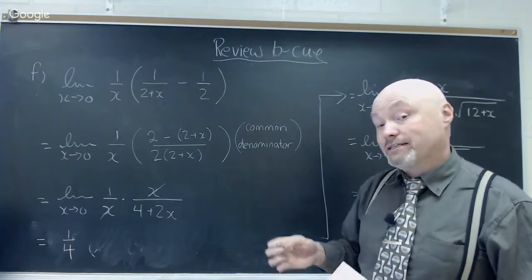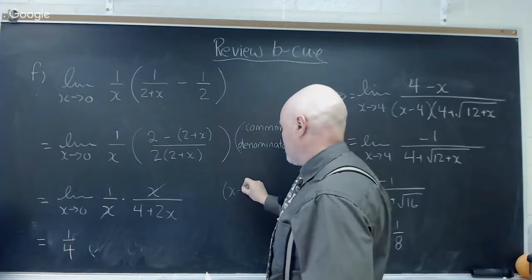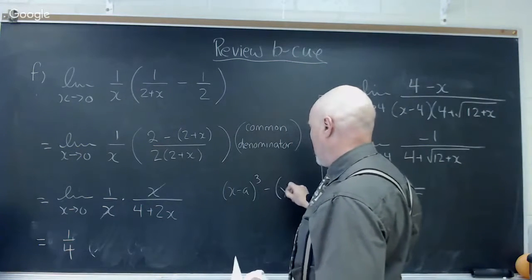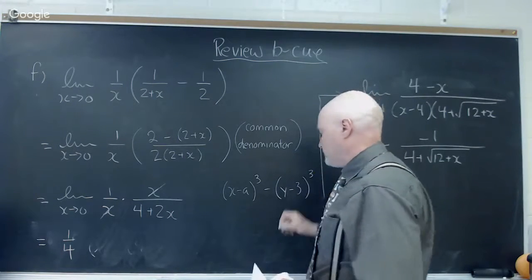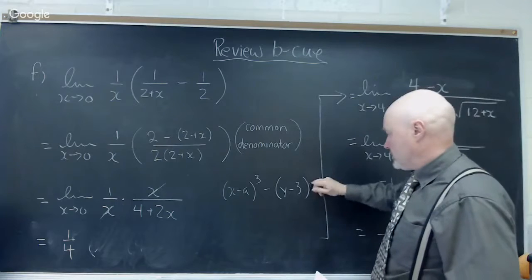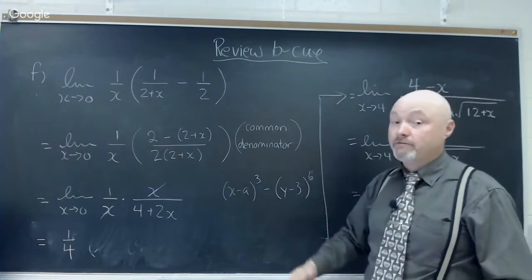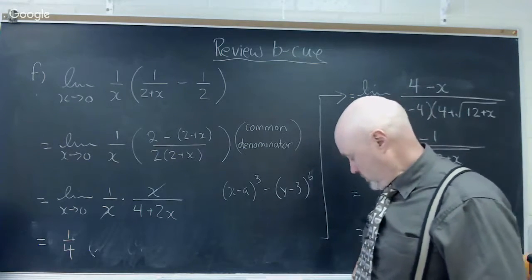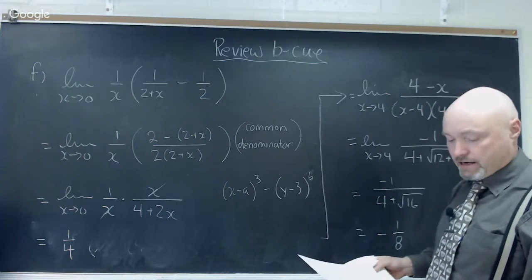Sometimes you can even get difference of cubes where it's something like x minus a, cubed, minus y minus 3, cubed, or even to the 6th. I don't think we're going to see something like that, but you might have to factor that as a difference of cubes.